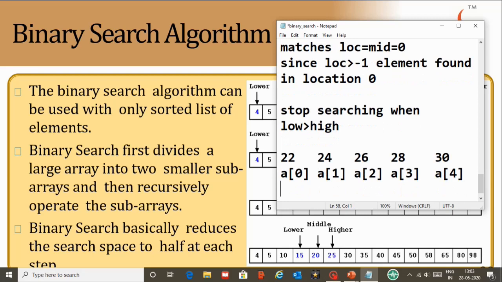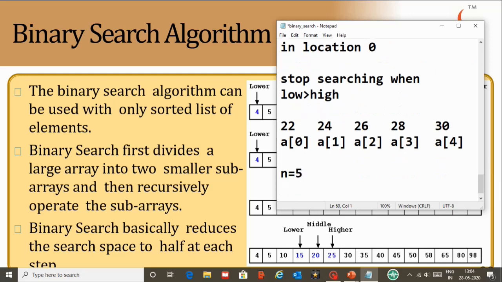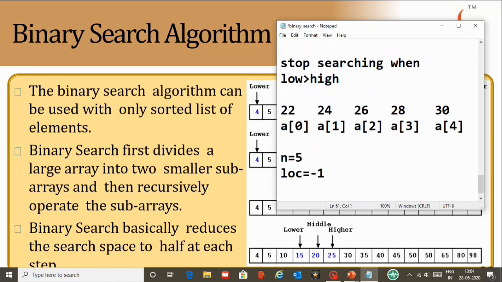Then n is equal to 5, because the total number of elements is 5 here. LOC is equal to minus 1. To begin with, I will assume the element is not present in the list. And when do I stop searching? When low becomes greater than high, I need to stop searching. Okay?